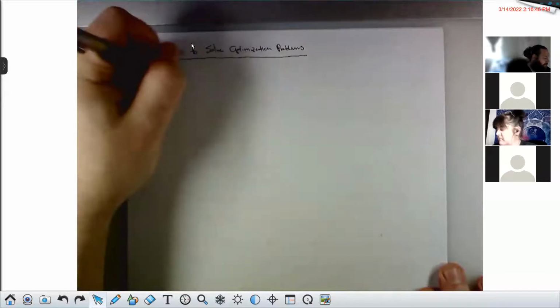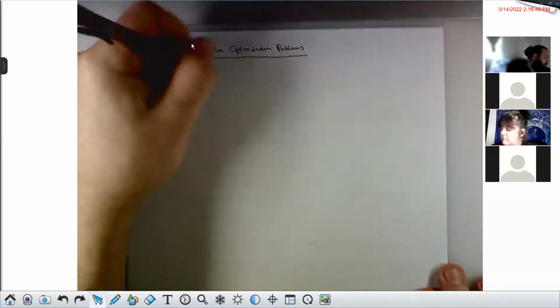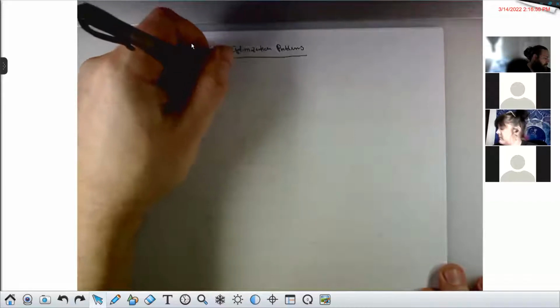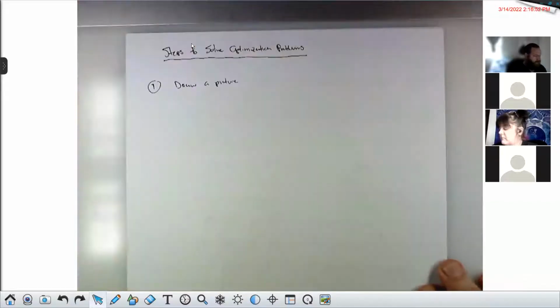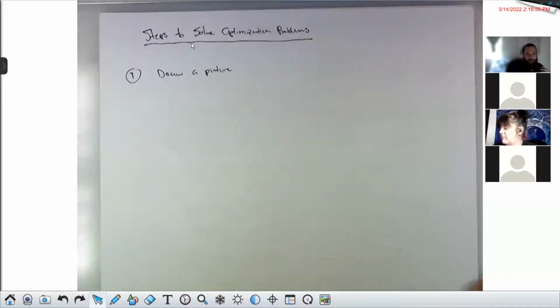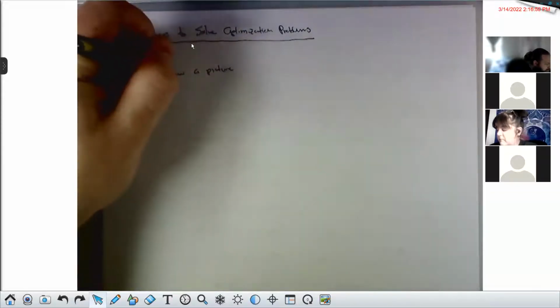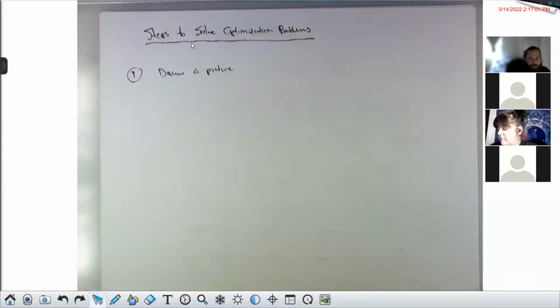I would say first, definitely draw a picture. Just like with your related rates problems, it's a real world thing. And if you're going to impose mathematics onto the real world, it's always nice to start by drawing a picture, trying to model the thing.